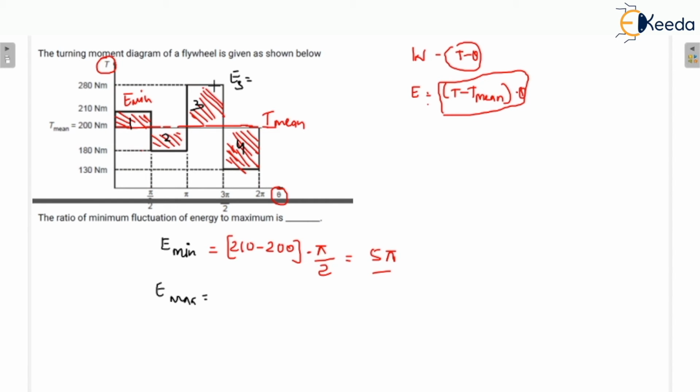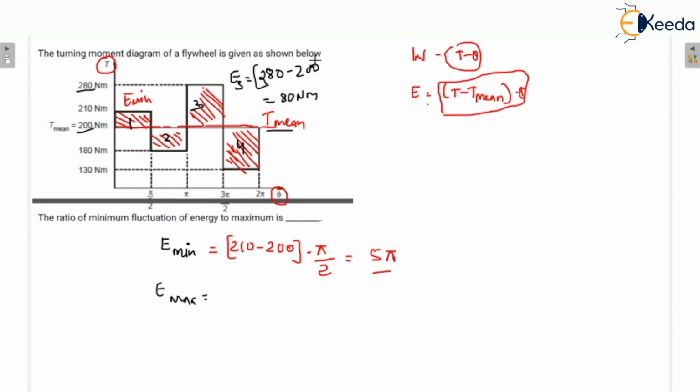This is actually a rectangle, so the area is length into width. The T mean line is at 200 Newton meter, and the top is 280. So 280 minus 200, you will get 80 Newton meter.